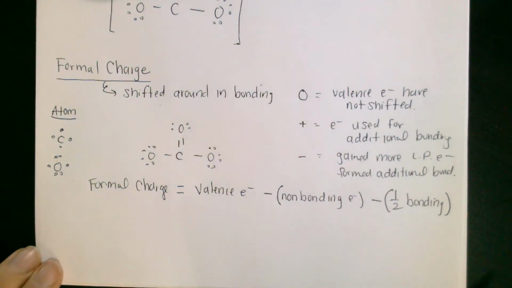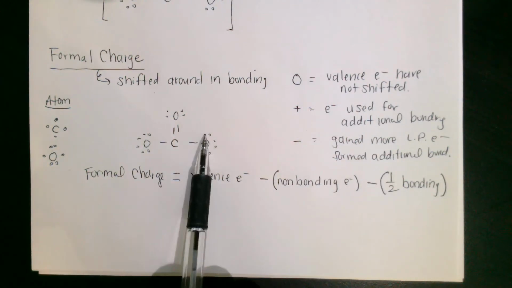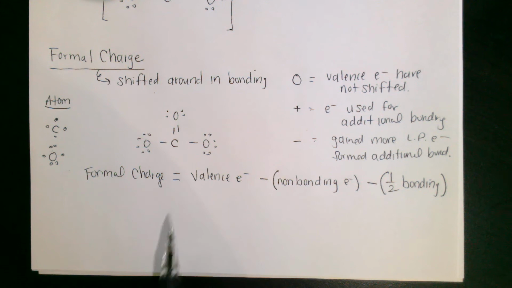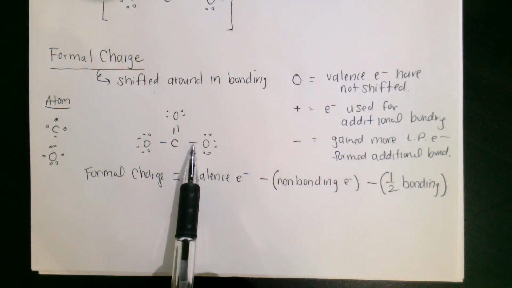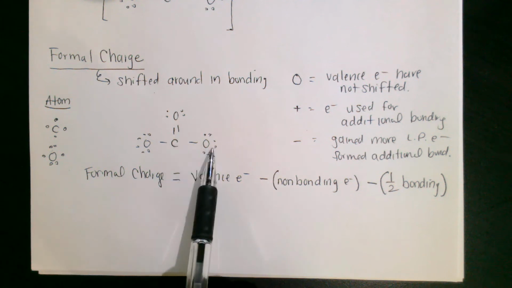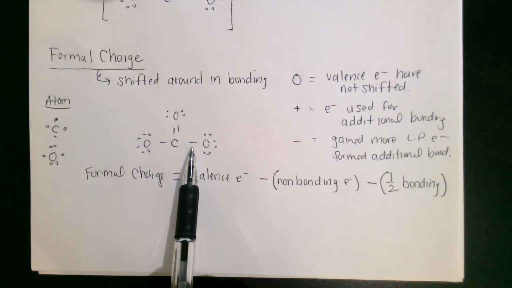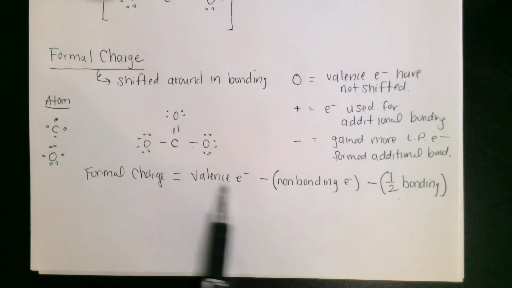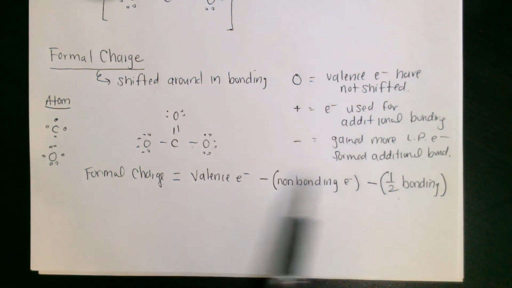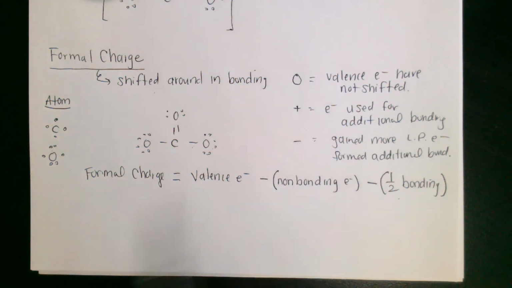What we're saying is essentially these dots here belong to the atom. Those are the non-bonding electrons. In a chemical bond, carbon and oxygen are splitting the electrons contained in here, so you only get half of those in the bond. If you do this, you should get something like 0, +1, -1, things like that.